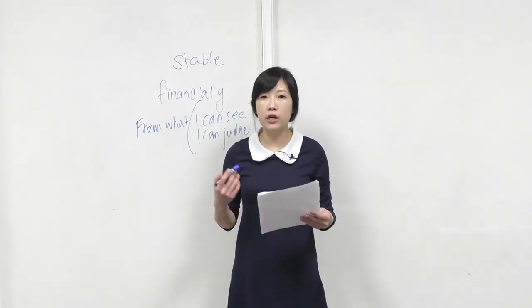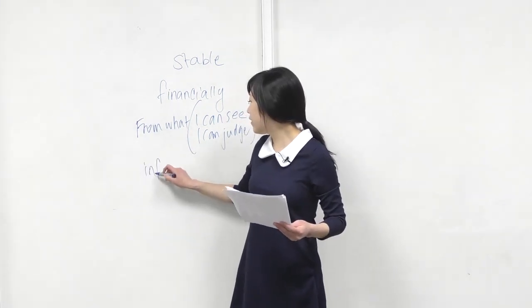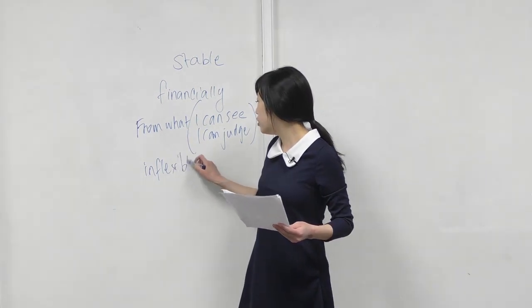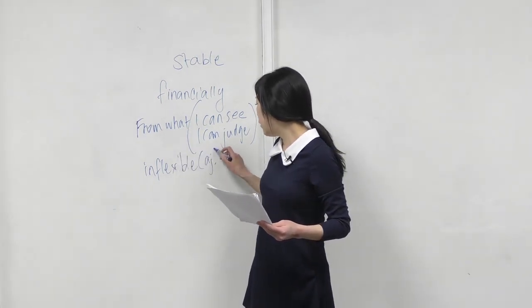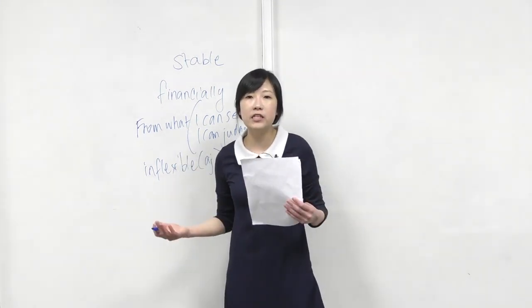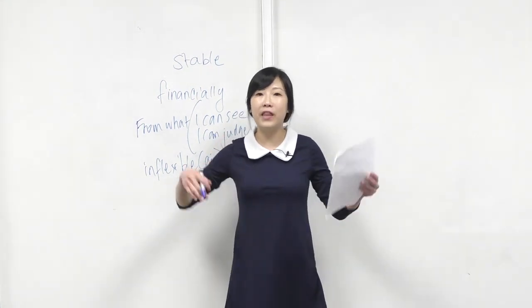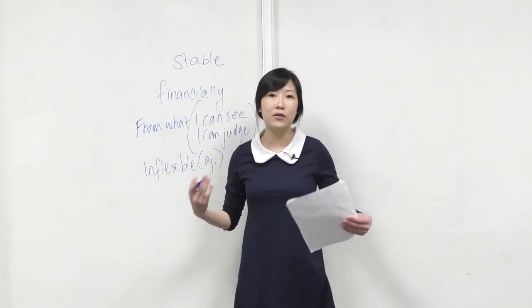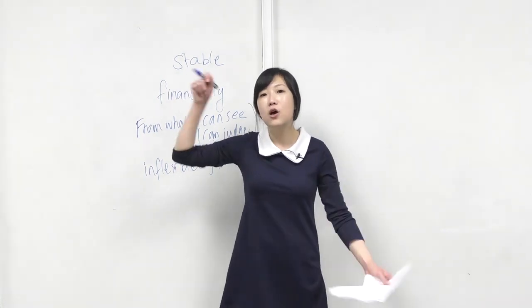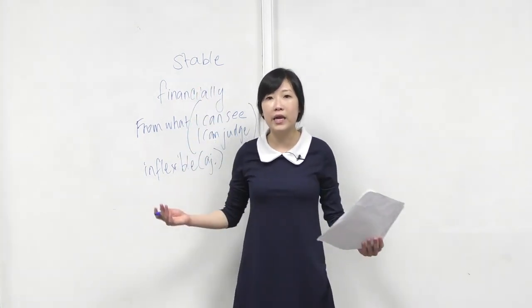Okay, and I'm just going to show you a couple more words. Inflexible. Instead of cannot change, we can use this adjective called inflexible. If it's inflexible, it means it won't move, right? A very flexible person is maybe like a ballerina or a dancer where they can move their bodies in all different ways.